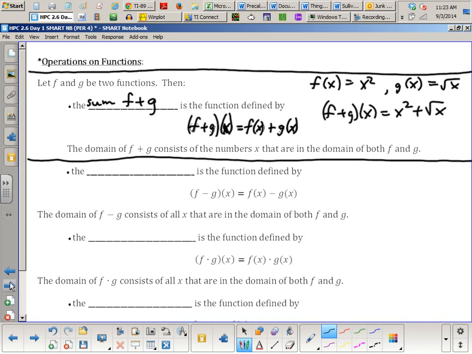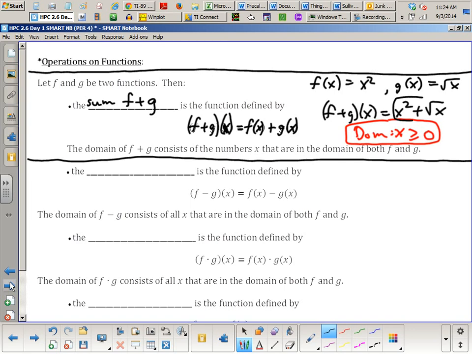Are there any numbers that are forbidden, like x's, that you cannot plug in? Look at the answer. Can you see any numbers that are forbidden? Yeah, negatives are forbidden, right? So we know that the domain here is going to be x is greater than or equal to 0.